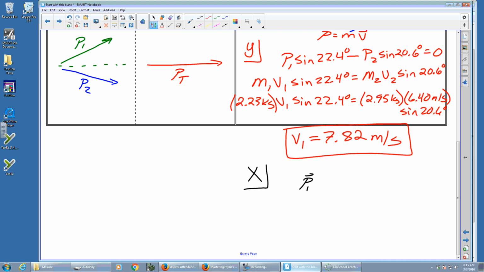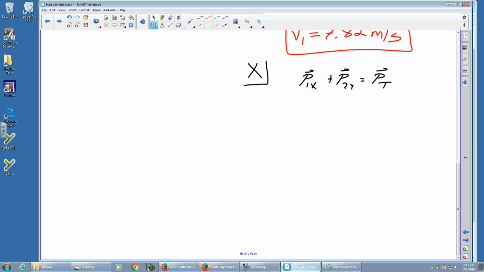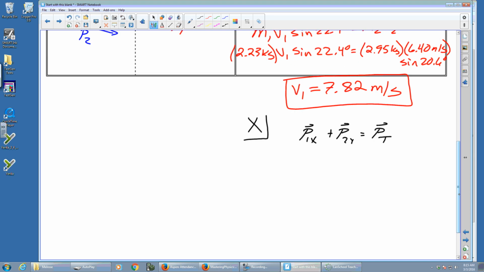The momentum of 1 in the x direction plus the momentum of 2 in the x direction equals the momentum total. And then we can go in and substitute in our individual values, which will look a little nasty, but won't really be that nasty.